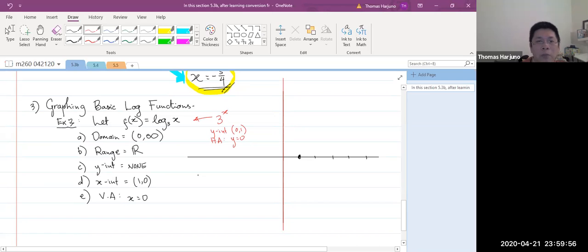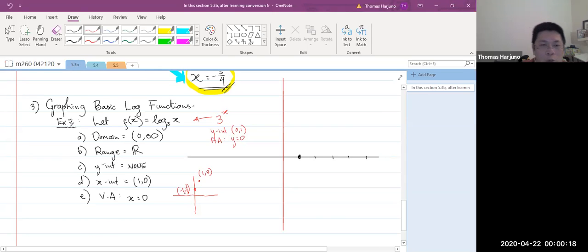Then you need to remember those 3 important coordinates we have in the exponential form: (0, 1), (1, 3), (-1, 1/3). Now, why do I need those?